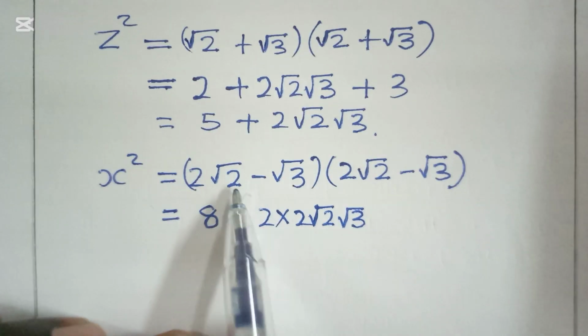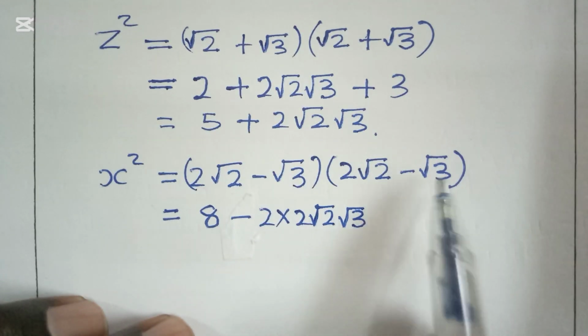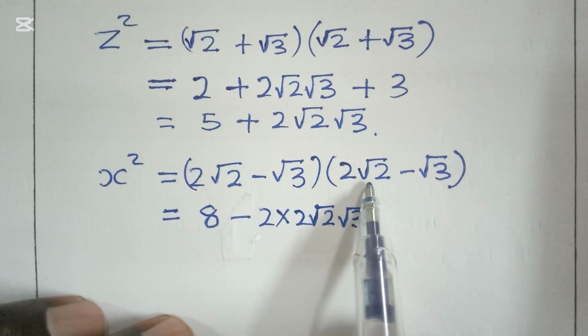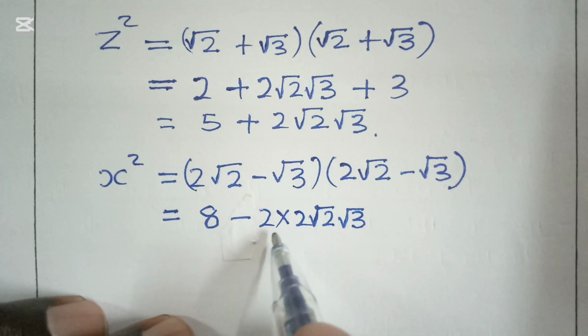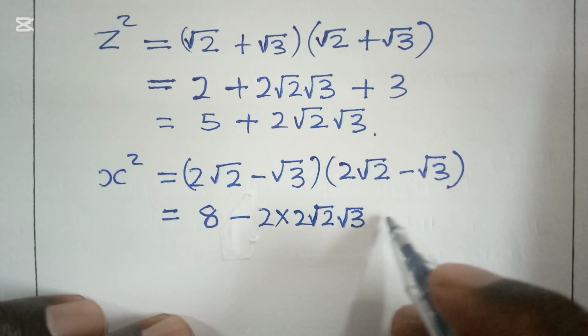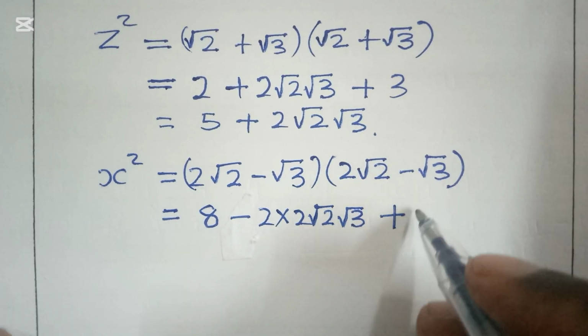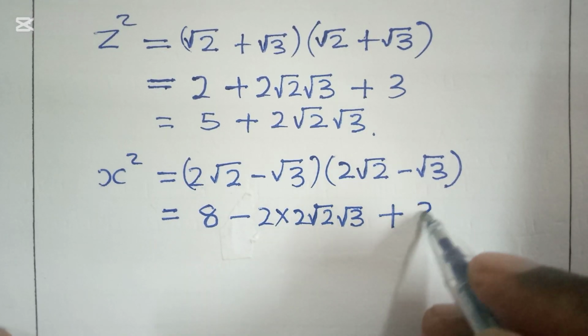Guys, I've already skipped one step, because what I have done is multiply that, and then that and that, and added them together, and then the answer comes to this. Then plus square root of 3 multiplied by square root of 3, which is 3.